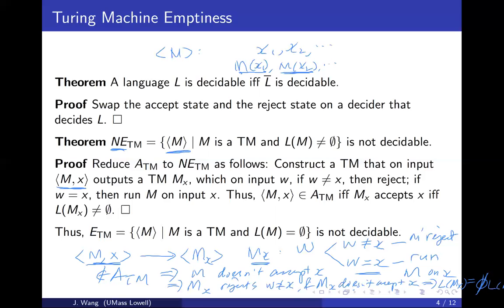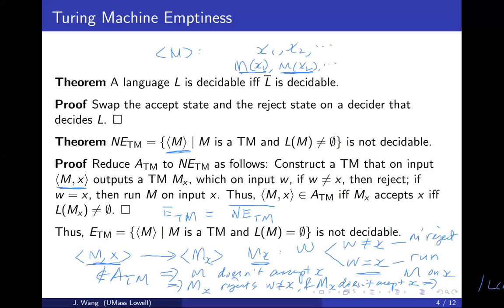Then we know that NE sub TM is not decidable, so its complement, E sub TM, is just the complement.